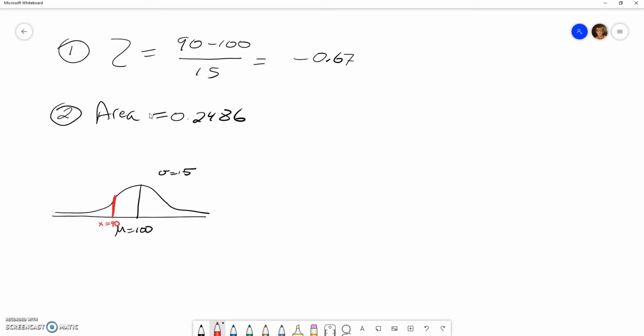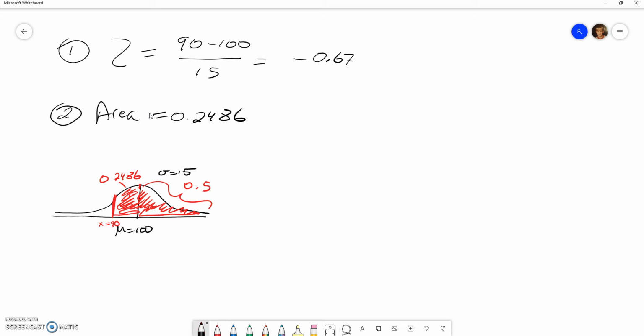And it says greater than 90, so we want all of this area, plus we want all of this area on the right side of the normal distribution. So we're looking for all of this. The area from the middle outwards, middle to this value, is 0.2486, and all that area on the right side is 0.5.